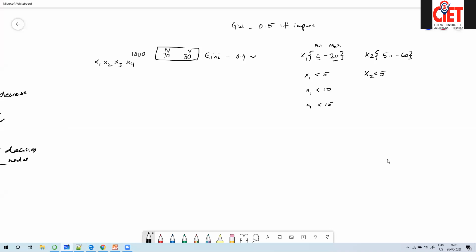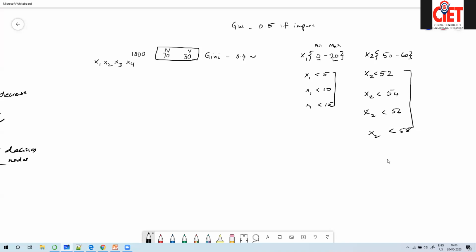Let's say x2 less than 52, x2 less than 54, x2 less than 56, x2 less than 58. So these are the split points that we choose in the variable x2, and these are the split points that we choose in the variable x1.